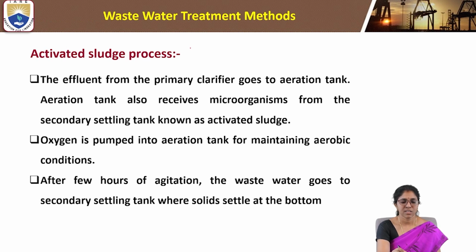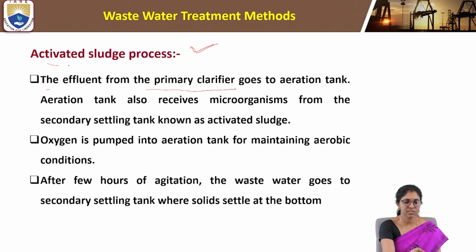The activated sludge process: the effluent from the primary clarifier goes to the aeration tank. In primary we are removing the large and suspended particles, and in secondary about 90% of the organic load is removed by microorganisms.